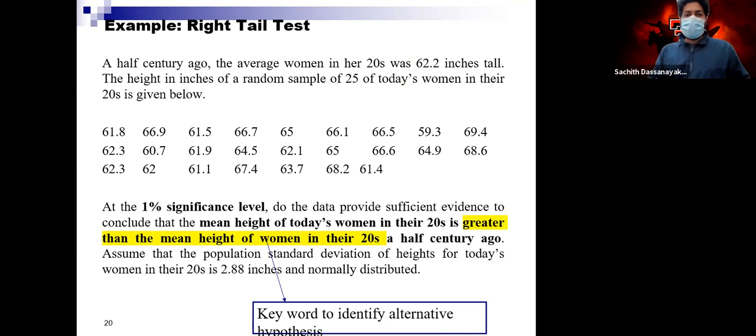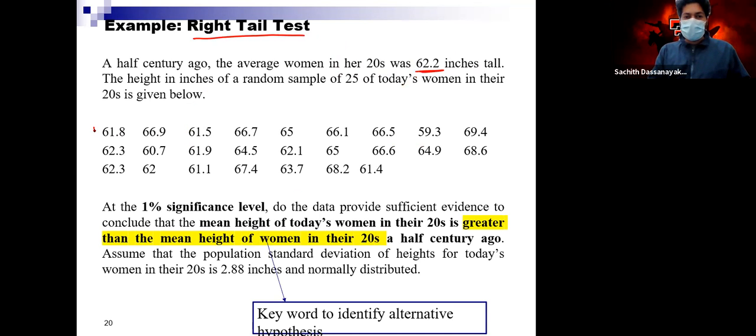This example is about a right tail test. They mention the average woman in her 20s was this tall, 62.